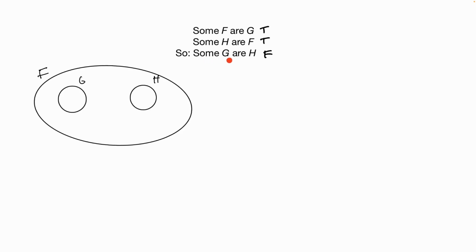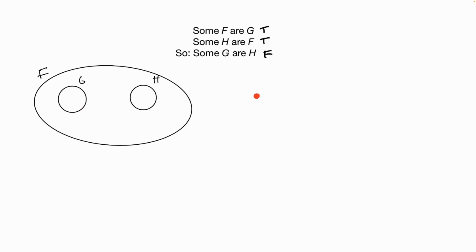Let me start by creating my conclusion. So I want to create a conclusion that fits this pattern, some G are H, but I want it to be a conclusion that's actually false. So I need to pick a category G and a category H that don't overlap at all, like in this picture.